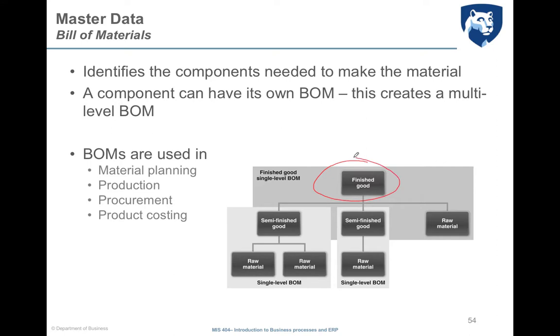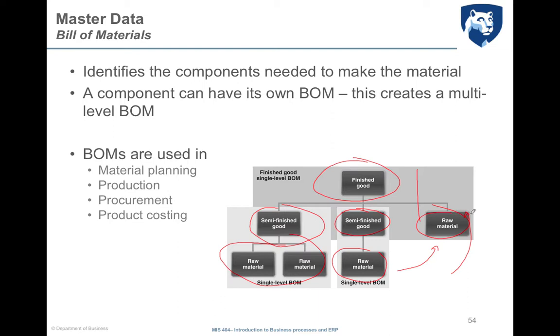The bill of material for a finished good is composed of semi-finished goods and raw materials. This is a one-level bill of material. If I want to build a multi-level bill of material, I just have to nest the bills of material of the semi-finished goods into the higher-level one, and I obtain a multi-level bill of material.